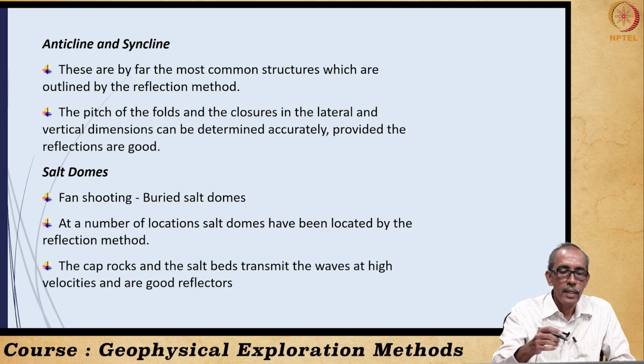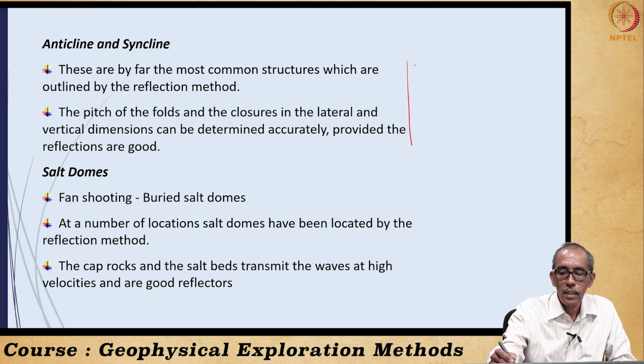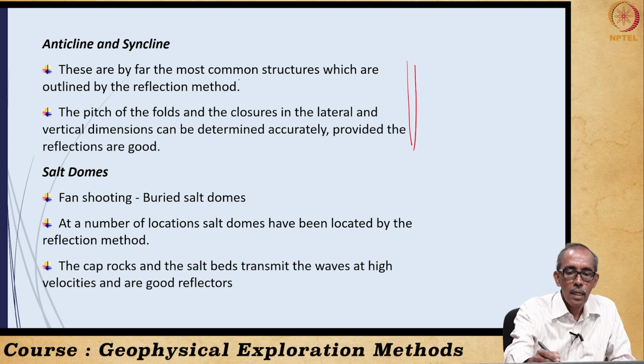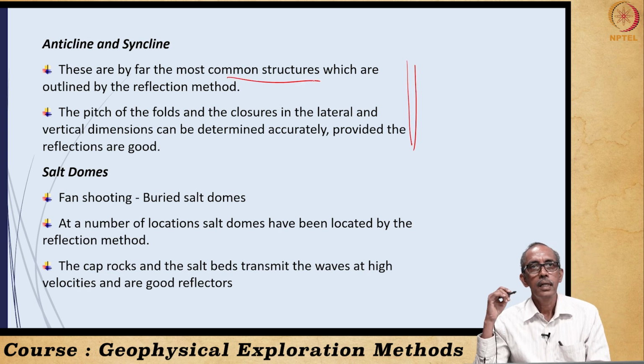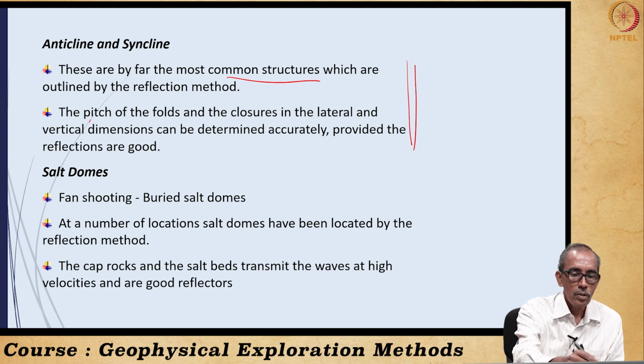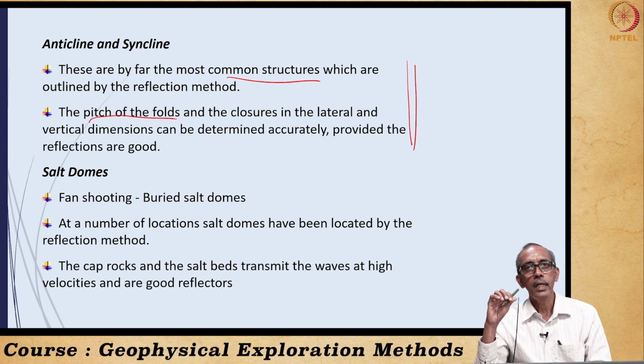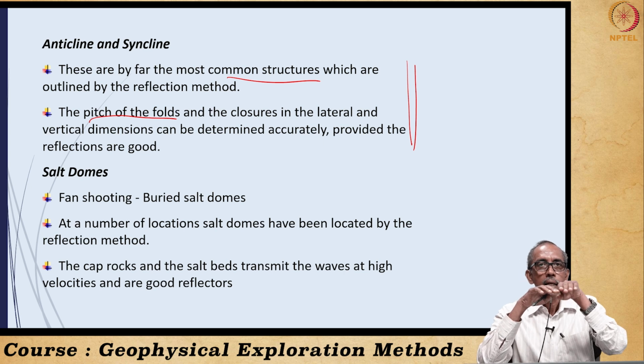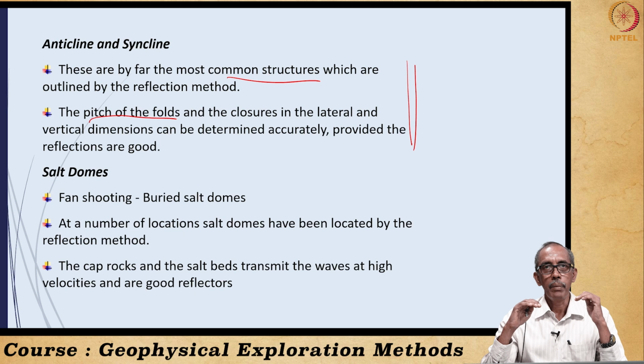So, first are the anticlines and synclines. As I told you, anticlines are the more favorable structures that can be clearly brought out by the seismic reflection method. And we can also determine the orientation of the fold axis. The fold axis is the line at the maximum curvature of the bed.